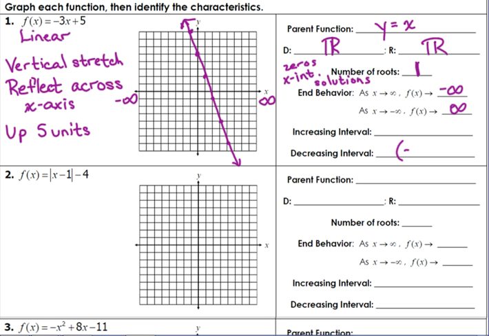So it's going to be decreasing from negative infinity to positive infinity on its entire domain. From the far left to the far right, it is decreasing. So for increasing interval, you can put NA or you can put none, whatever you want to do. There aren't any increasing intervals for this function.